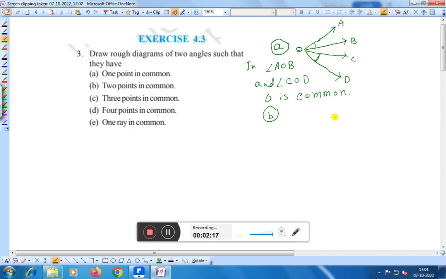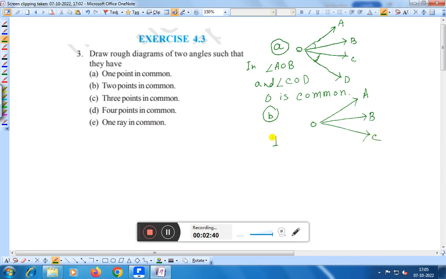We have to draw a figure with 2 points in common. This is one side, this is one side, and this is another side. We put A here, O here, this is B point and this is C point.